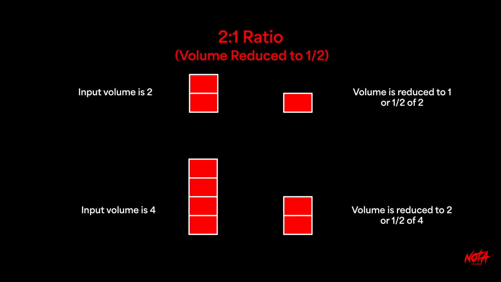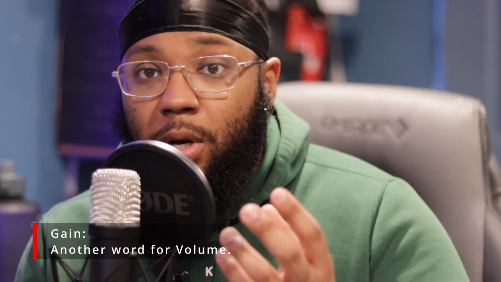Here's a way that I like to think about ratios, and it helped me understand compression so much better. Now, ratios are basically just fractions. That's it. So for a 2 to 1 ratio, if 2 decibels goes in and 1 decibel comes out, then I reduced my volume by half, or 1 over 2. Now, for a 4 to 1 ratio, it's the same thing. You reverse the ratio and it becomes a fraction, which shows how much gain reduction you're getting.